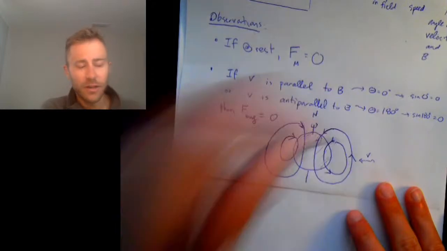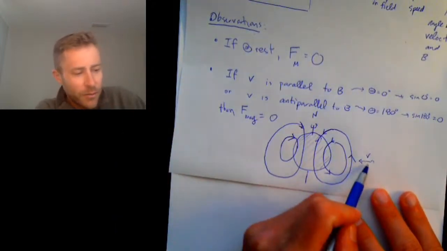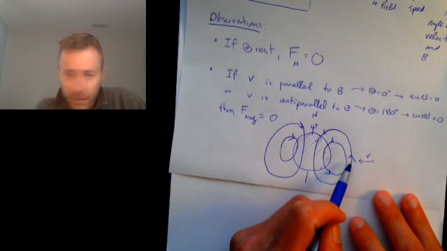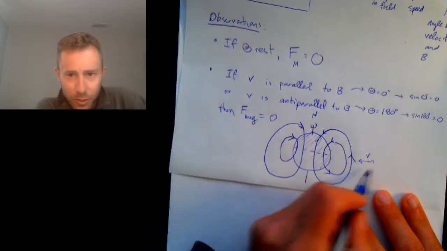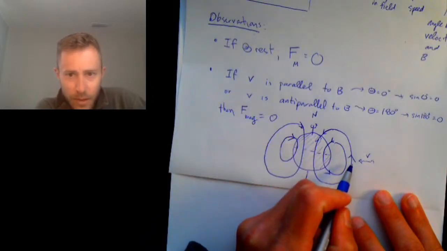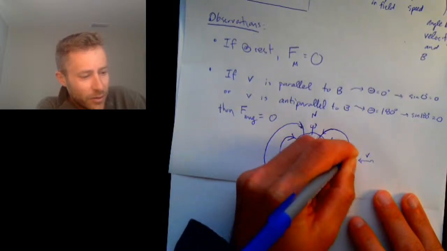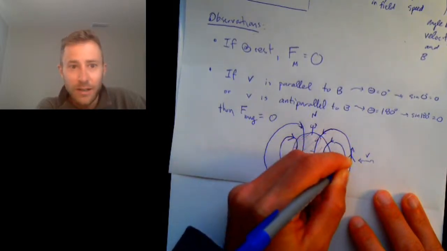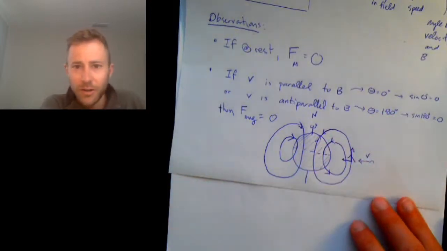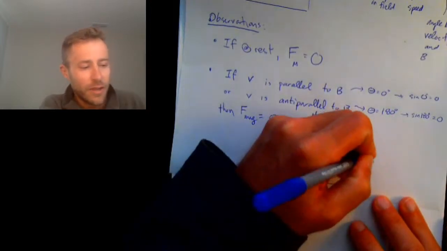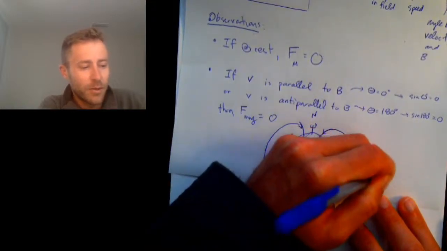What if this is the direction of the velocity of the particle? If they come in from that direction, so here's the equator of the Earth, right? So if they come in towards the equator, you can see that the velocity and the magnetic field are at 90-degree angles. So that's not 0 degrees or 180 degrees. So this particle is going to get deflected by the Earth's magnetic field.